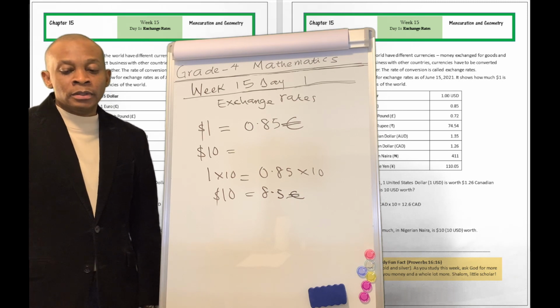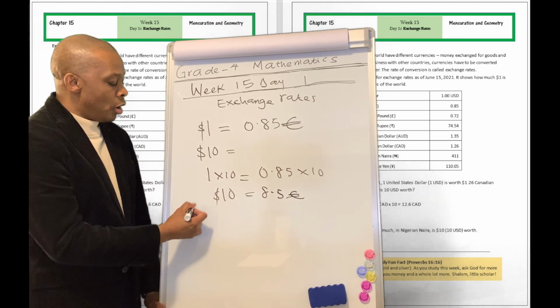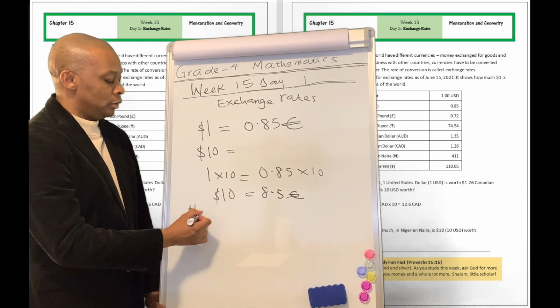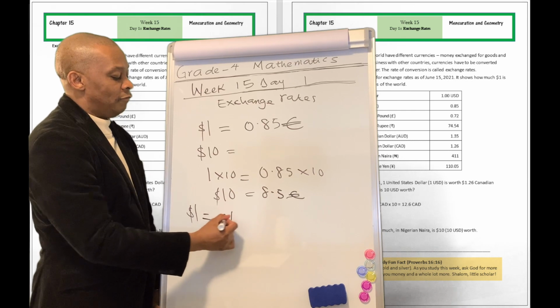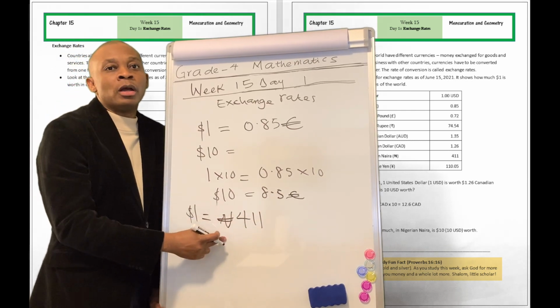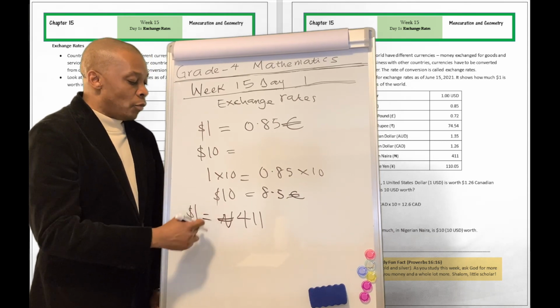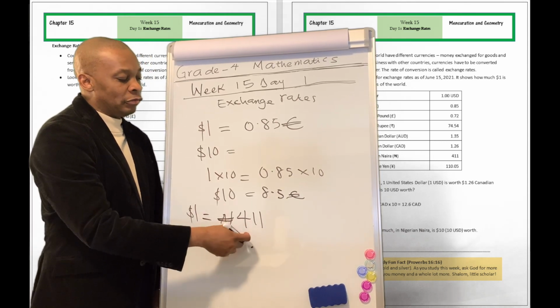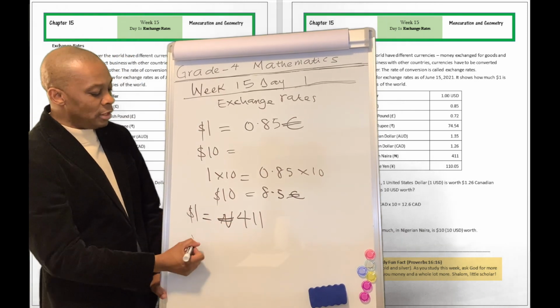All right. So what if I tell you that $1 is equivalent to 411 naira? This is the Nigerian currency. $1 is equivalent to 411 naira. Then what is $10?